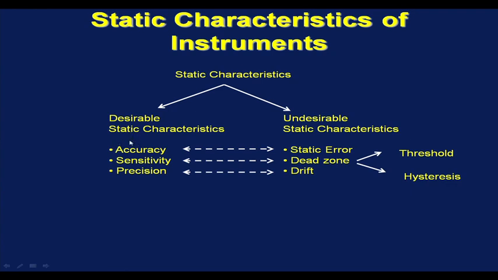The desirable static characteristic accuracy has a corresponding undesirable static characteristic, static error. Similarly, sensitivity and dead zone, and precision on the desirable static characteristic list and the corresponding undesirable static characteristic is drift. Dead zone can come from threshold or hysteresis.